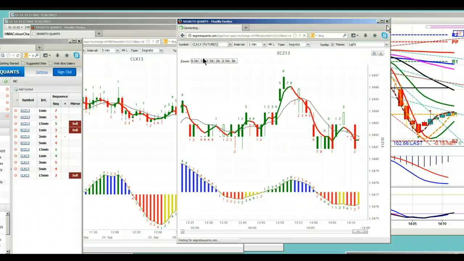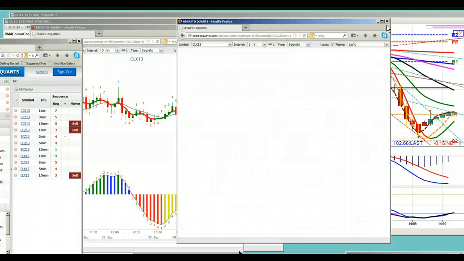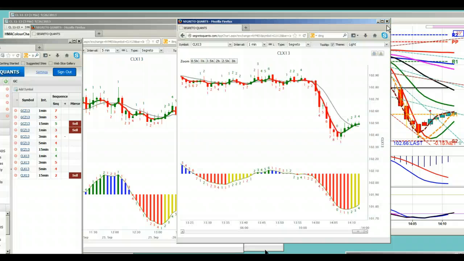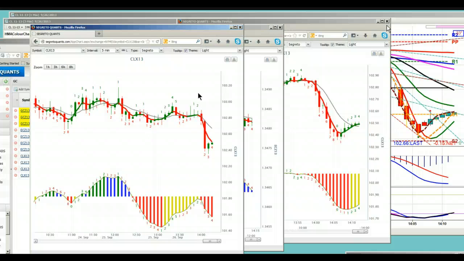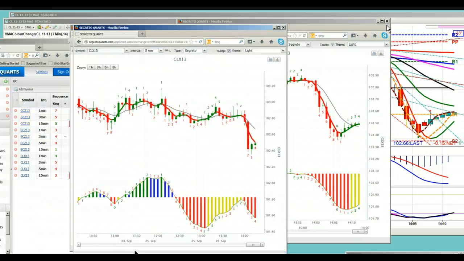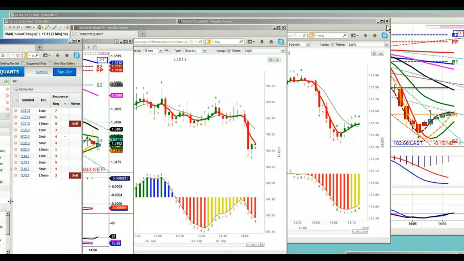On my other monitor, I have my 1, 3, and 15 Segredo, or my 1, 5, and 15 Segredo. And so then I see my sync-ness, and I see the timing of my exact entry.